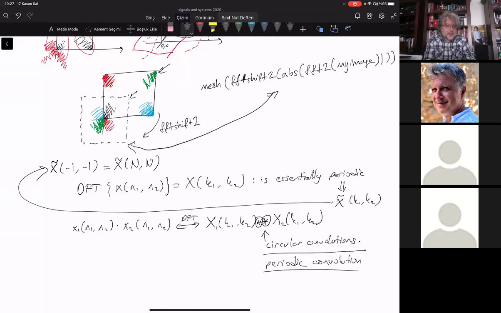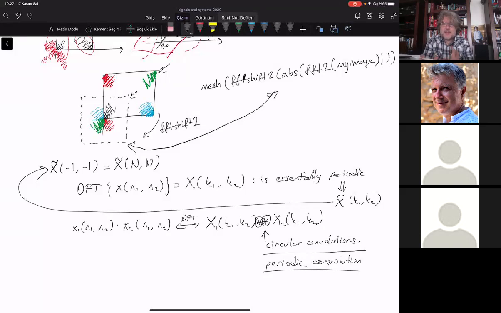Now, the Fourier transform can be implemented separately, horizontally and vertically, along the image. That's quite a common way of doing it. And there is a fast implementation of it, which is also known as the fast Fourier transform.